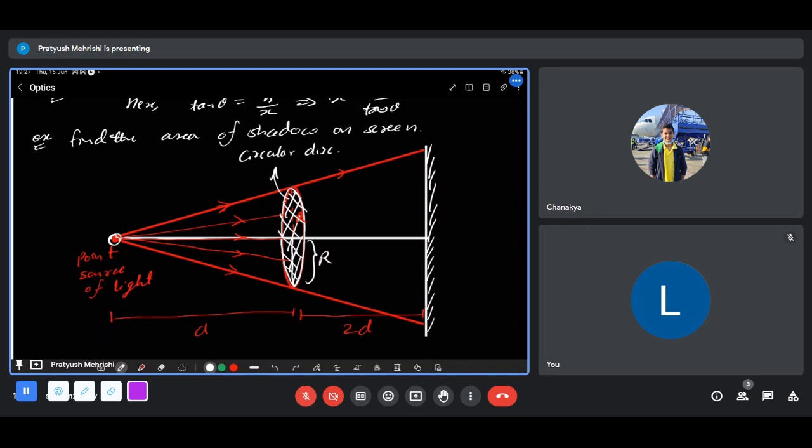Find the area of a shadow on screen of a circular disk by a point source of light.